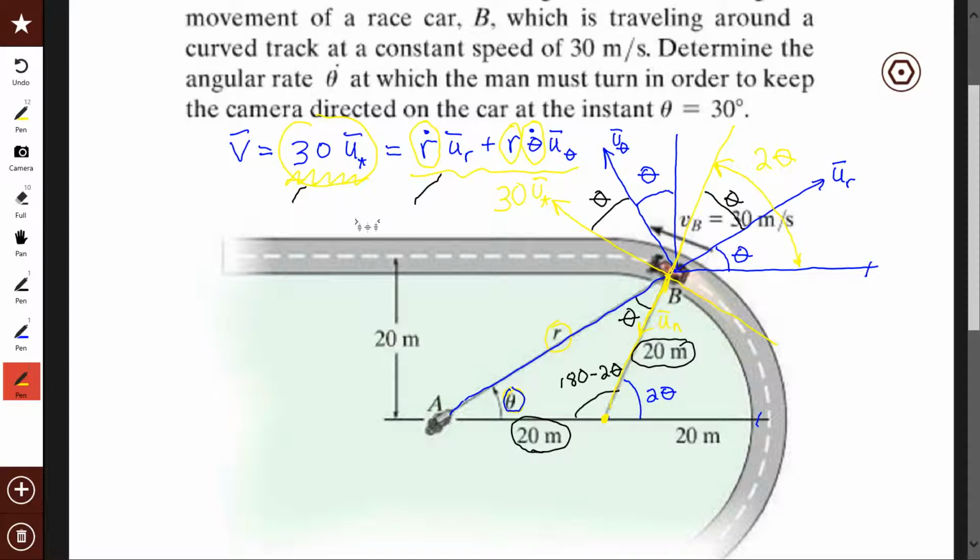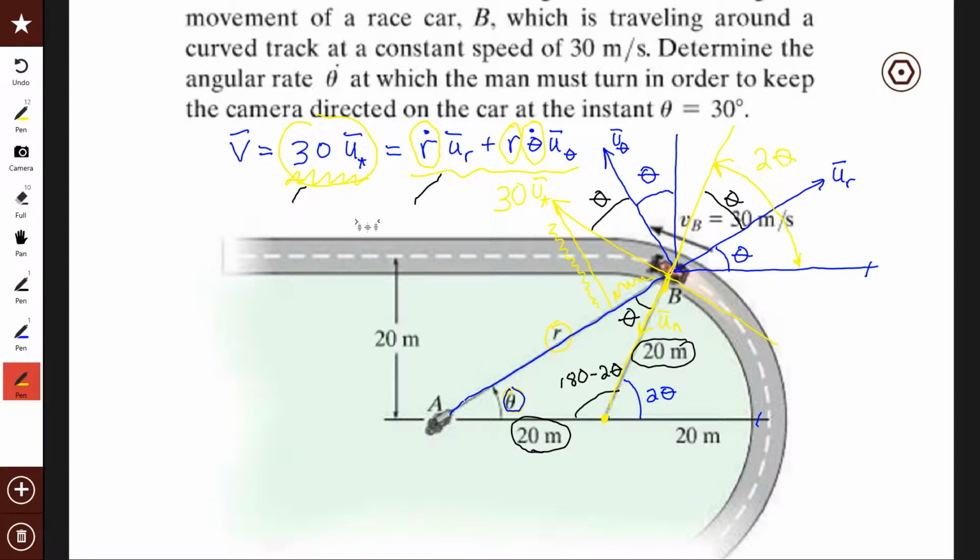I'm going to think of the 30 UT as a force, and I'm going to drop that force down. I'm looking for the component of that force in the UR direction, and the component of force along here, which is in the U theta direction.